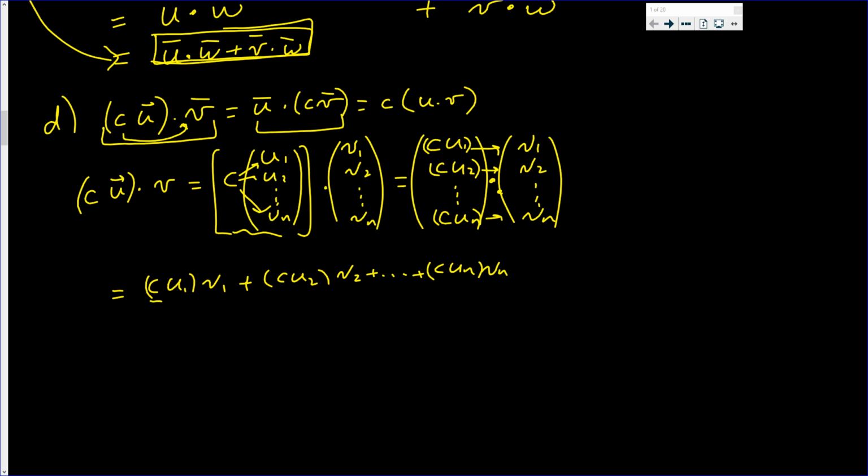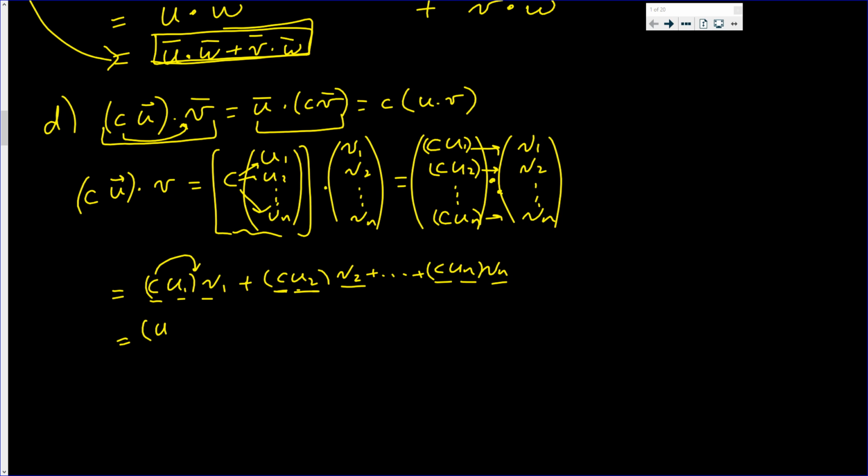Now, we keep having three numbers to multiply. 1, 2, 3. Those are real numbers. We have their commutative law. Remember, I want to get the c in between the u and the v.